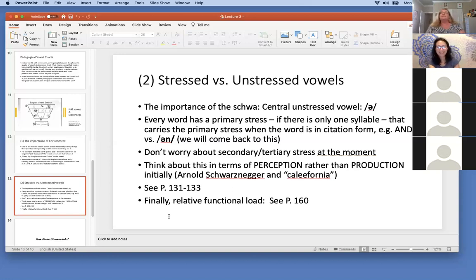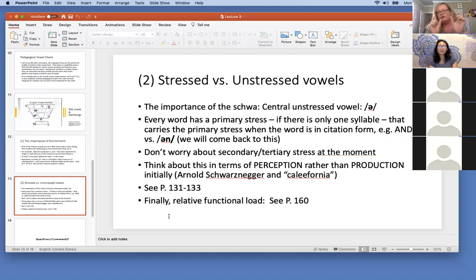Okay, good. Excellent. All I mean by that is understanding that for your learners, you're trying to get them to do the difference between an unstressed vowel and a primary stressed vowel. So if you have a simple two-syllable word like mother, there should be a stressed syllable and then an unstressed central vowel at the end.